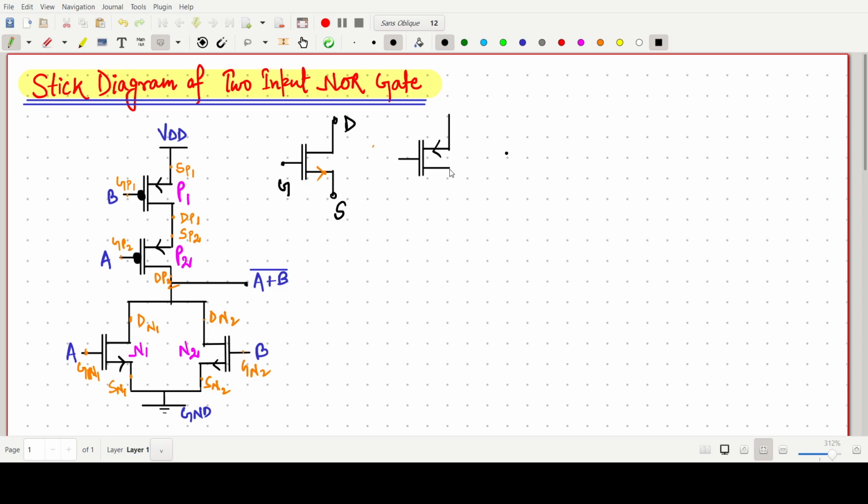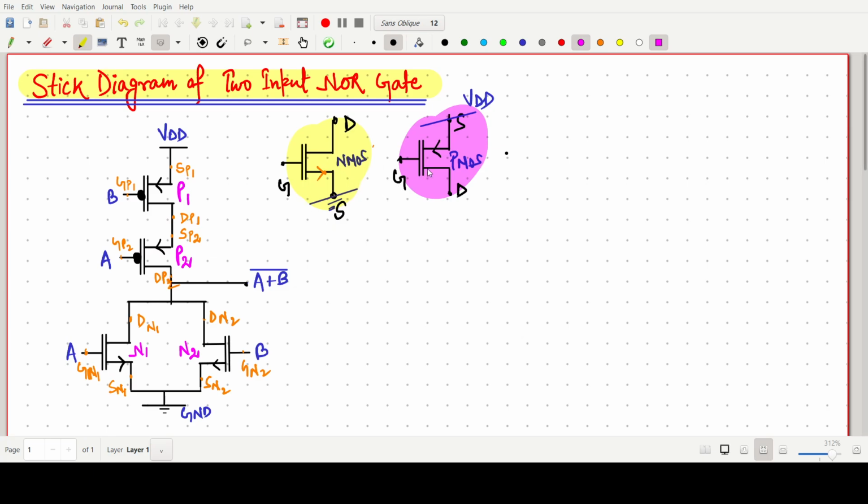So this will be our gate and this will be the source and drain. In PMOS structure, this one I am writing PMOS, and this one will be NMOS. In NMOS, source is connected mainly to ground, and in this case, it is connected to VDD. So these two are very important things you have to know.